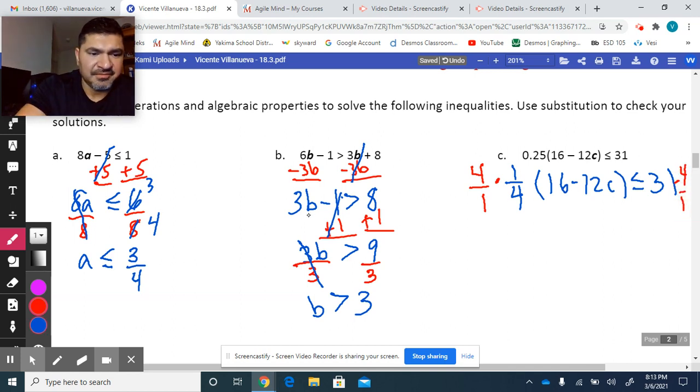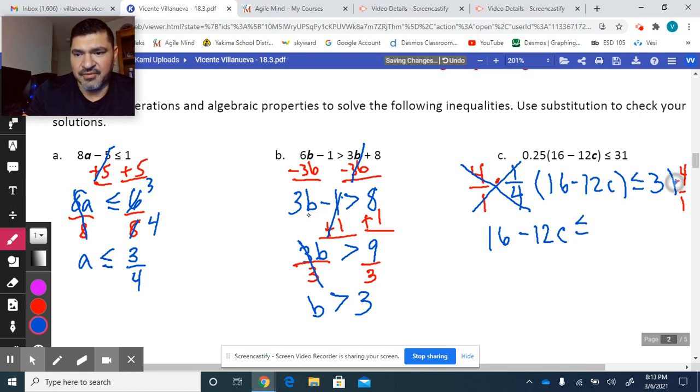Notice that the 1s are going to cancel, the 4s are going to cancel, and I'm just left with 16 minus 12c is less than or equal to, now I'm multiplying, 31 times 4 is 124, and then divide that by 1. I'll write over here so you guys can see what I'm talking about. 31 times 4 is 124, and we have that 1. So 124 divided by 1 is just 124.